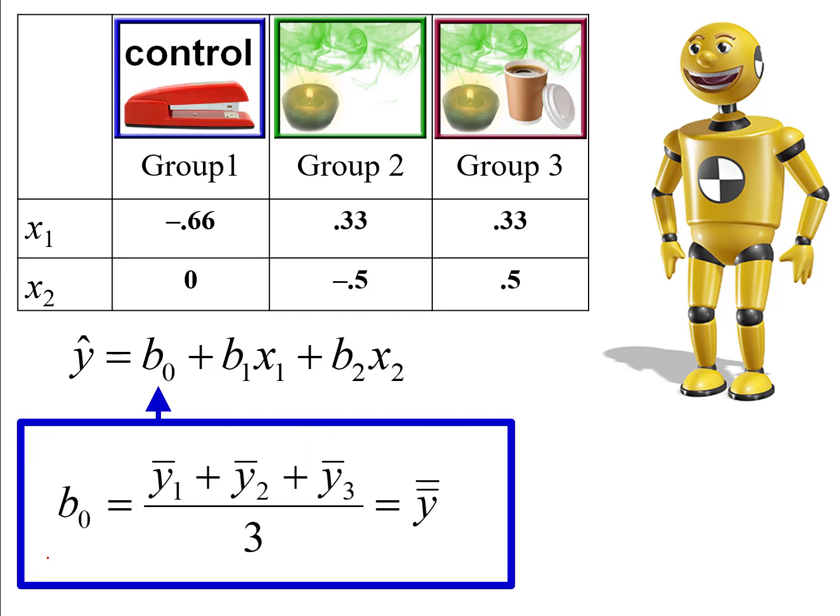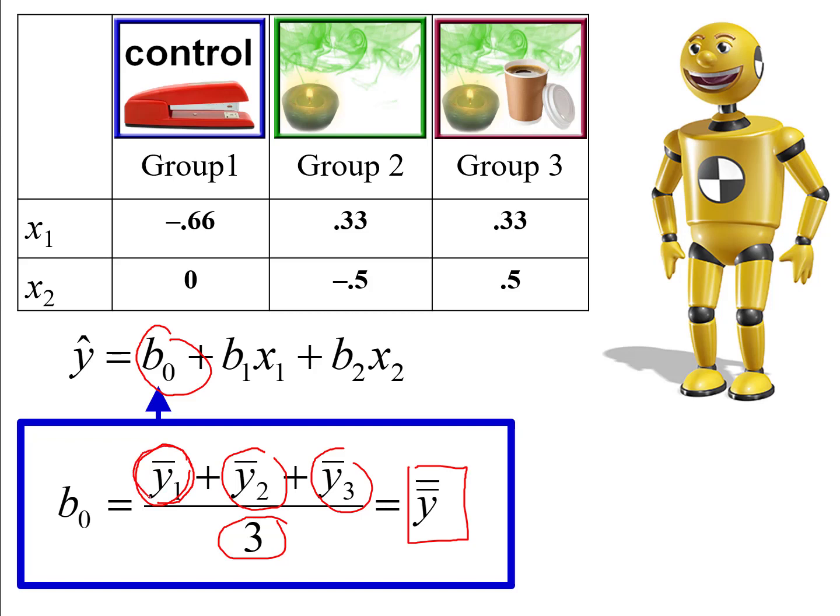And this slide is just showing you the formula that we use to calculate that intercept. Like I was saying, we take the mean for group 1 plus the mean for group 2 plus the mean for group 3, and then divide that by 3 to get the mean of the means. And our symbol out here, we can have y with 2 bars on top of it, which we could maybe call y bar or something like that. In other words, the mean of the means. And just to clarify, we're not weighting the groups by the sample size.